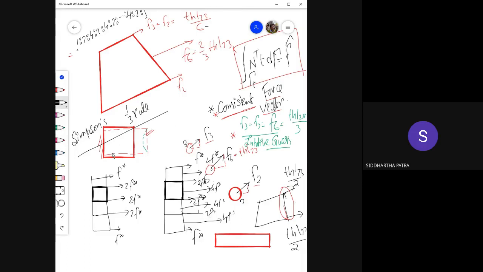So now you see how the distribution is very different from having uniform forces at each of the nodes.